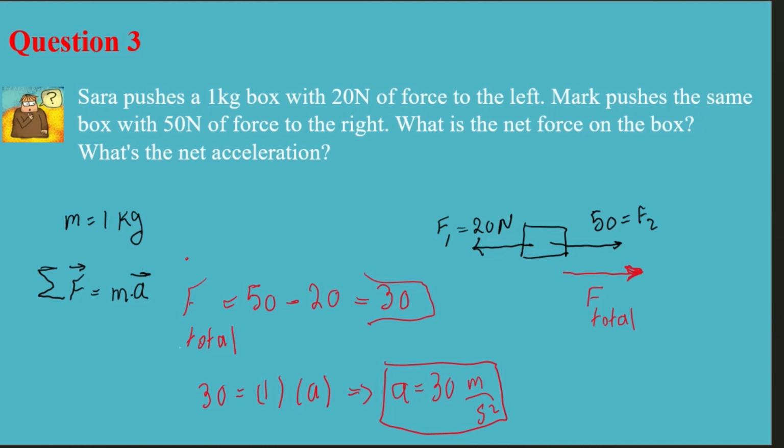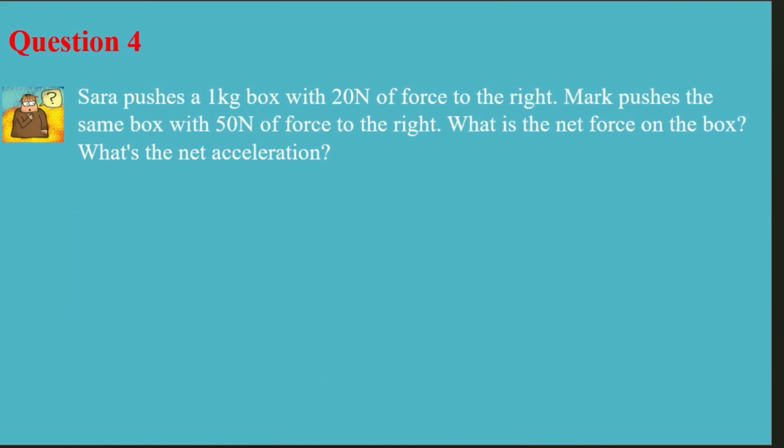Now, let's look at a similar example. Here, I have the same box again, so the mass is 1 kilogram, and Sara pushed the box to the right side, so that's my F1, and Mark also pushed the box to the right side, so that's my F2. Now I need to calculate the net force on the box. Again, my net force F is going to be m times a.